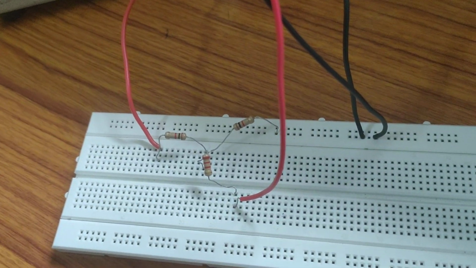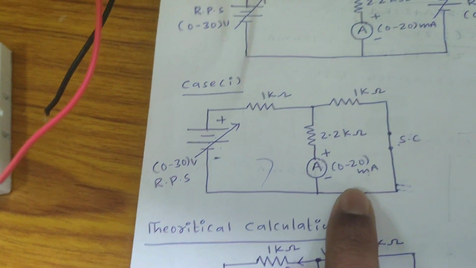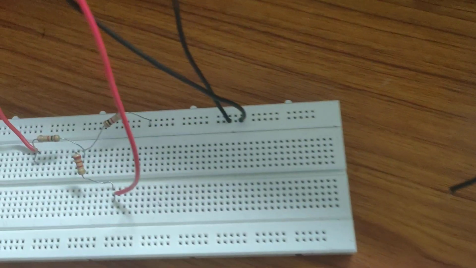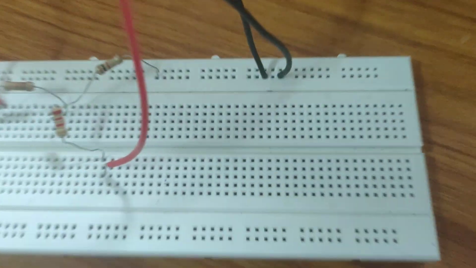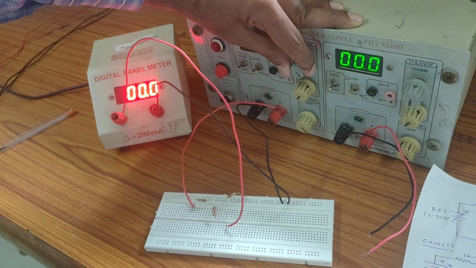Now see here, same procedure again, connections are made as per this circuit diagram. Next, switch on the power supply and vary the supply voltage.